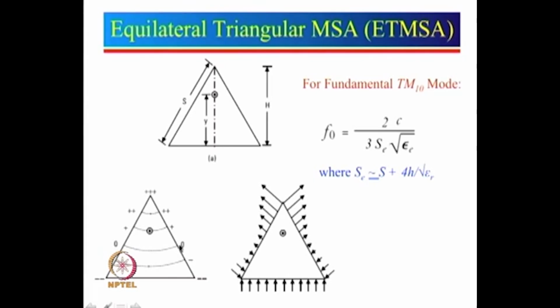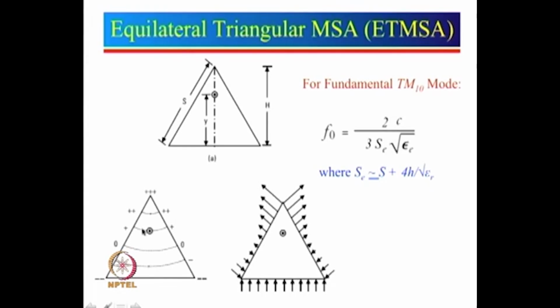Whereas for the rectangle it was more like a horizontal line, here it is a curved line. Along this one here it will be plus, along this it will be double plus, and along this it will be triple plus. Now just to tell you a convention which we generally follow, if you show a feed point, we show that as a plus, even though we know the electromagnetic wave will vary sinusoidally.